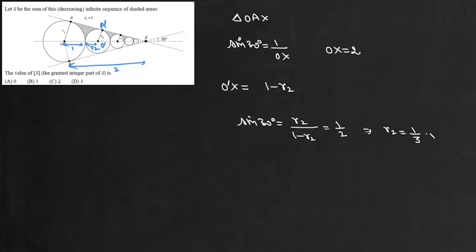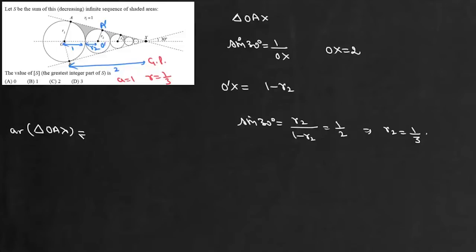And it's a very standard result that for circles touching each other with a common tangent, their radii are in GP. So all these radii are in GP with common ratio 1 by 3, and first term is 1. Now we will find the area of this shaded region. For this, we'll find the area of this triangle OAX.